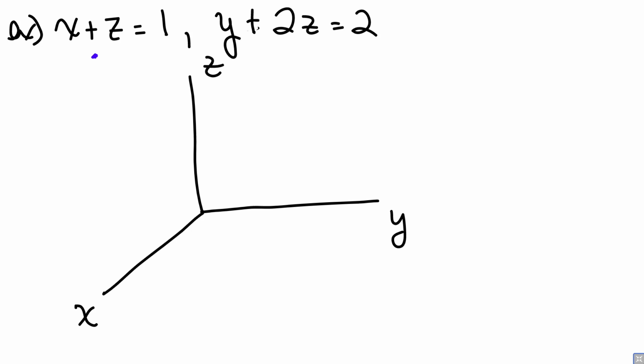When x is 0, that makes z 1. And when z is 0, that makes x 1. So really I have this line right here that is formed. Any questions there?